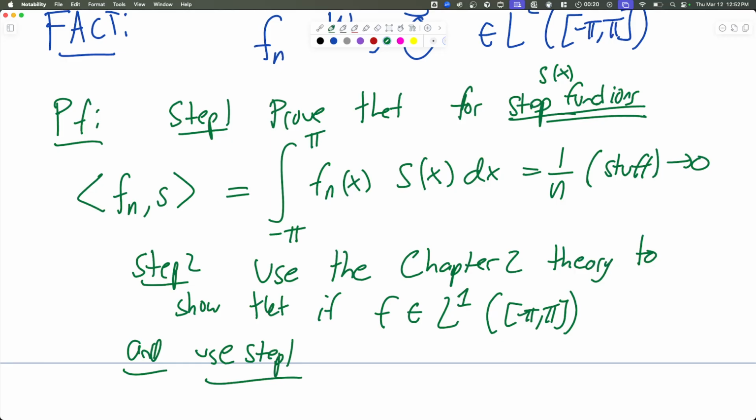Step 2 says for a Lebesgue integrable function, use step 1 to prove it for f. To prove the inner product of fn and f, which is the integral of the product fn of x times f of x, goes to 0. This step 2 was the thing I was thinking about putting on the midterm. This is a pretty good example question. I won't actually put it on the midterm, but it's good practice nonetheless.